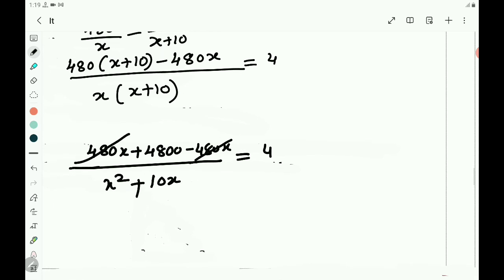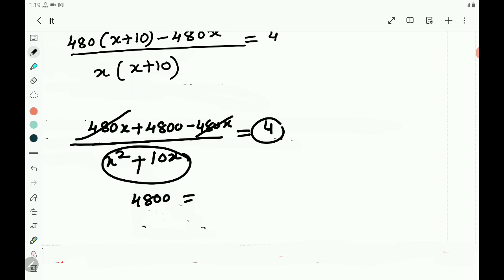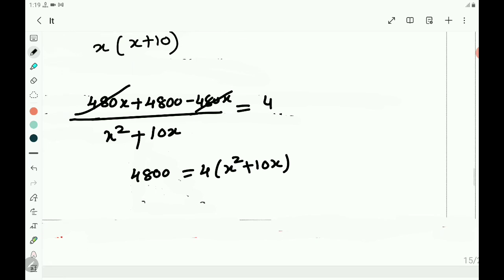480x minus 480x cancels. What is remaining here? 4800 equals, do the cross multiplication, 4 into x square plus 10x. You can cancel 4: 4 ones are 4, 4 twos are 8, 0, 0.